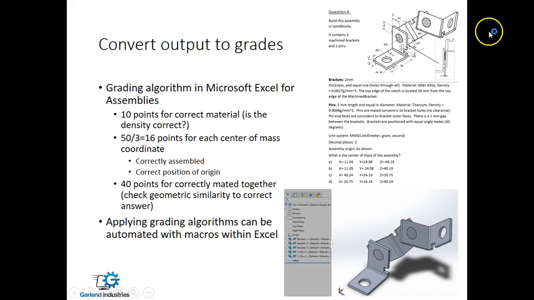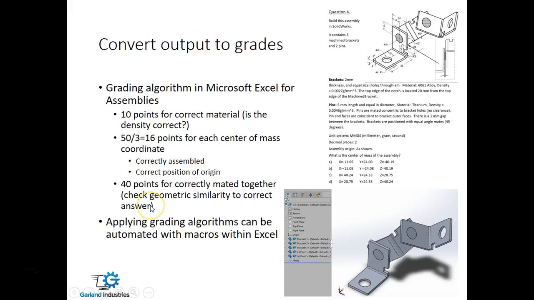In this picture, the assembly origin is in the bottom left, and the mass and the center of mass will be influenced by that. However, let's say a student doesn't get the origin correct, but he's put together the rest of the assembly correctly. We can actually check that. The geometry will be correct if the assembly is put together correctly, but the center of mass will not be correct.